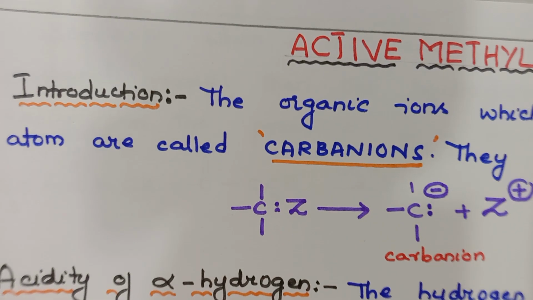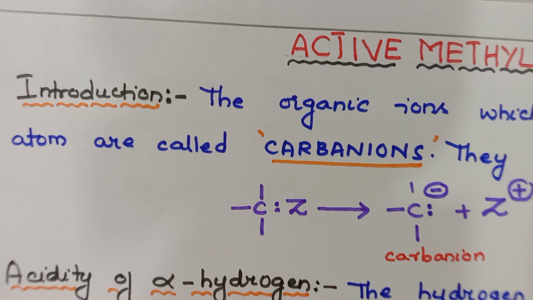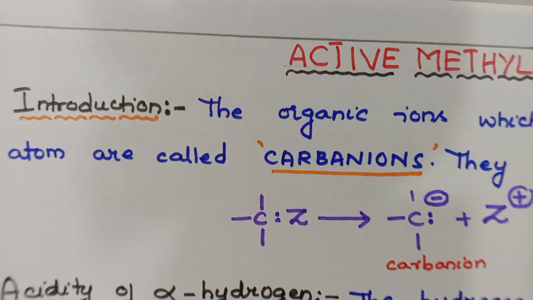What is a carbanion? You must all know that a carbanion means a carbon atom bearing a negative charge. Right, you are absolutely correct. So how do we define a carbanion? The organic ions which contain a negatively charged carbon, we call them carbanions.